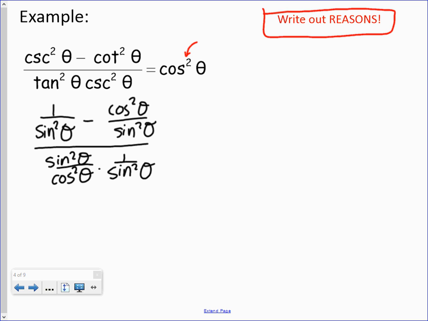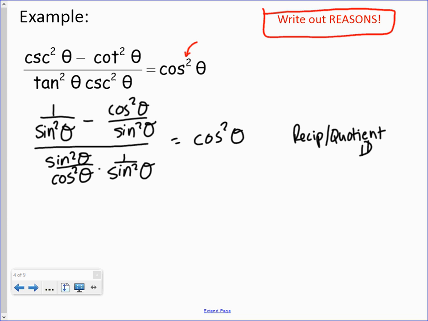Okay, Trevor, thank you for doing that. Volunteering after I called on you. I appreciate that. Reciprocal and quotient identities. So if you do 2 steps in one, I think that's okay. Just let your reason reflect that. So I'm doing 2 things, so substitution.